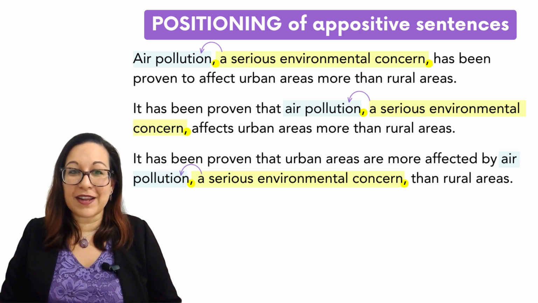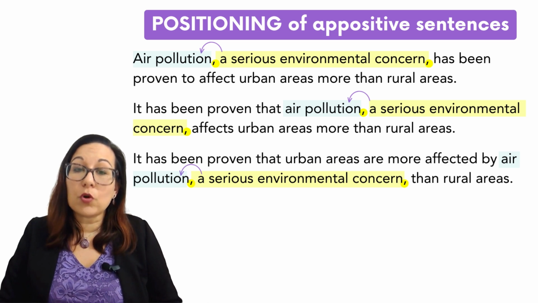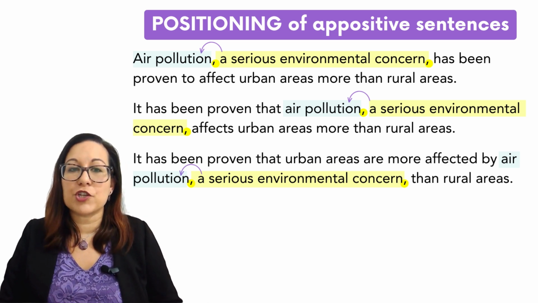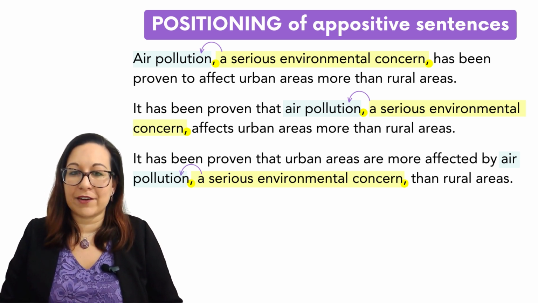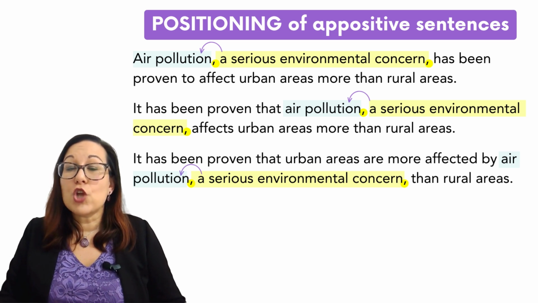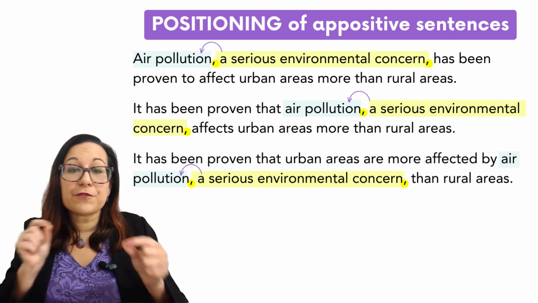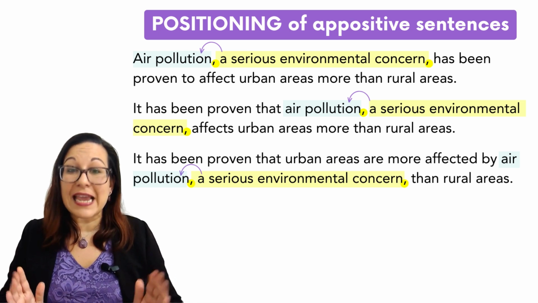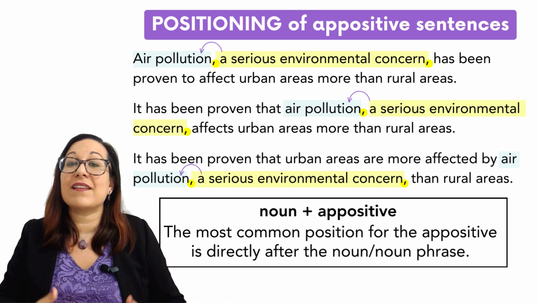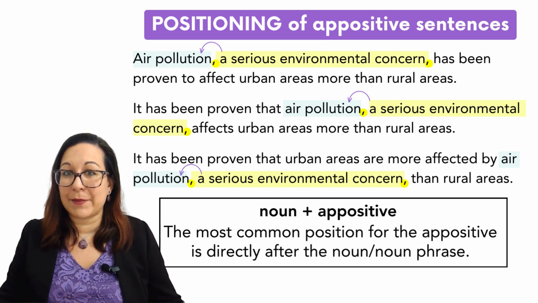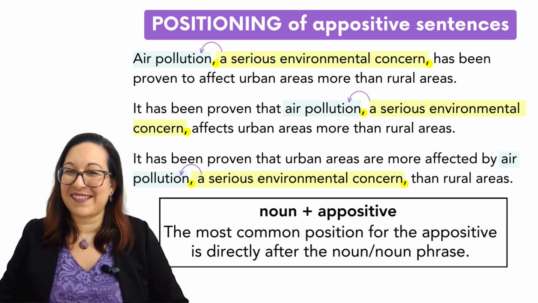It has been proven that urban areas are more affected by air pollution, a serious environmental concern, than rural areas. So notice that although the appositive phrase is in different positions, it is always directly after the noun that it is describing or renaming. Make sure that your examples later on follow that same pattern.